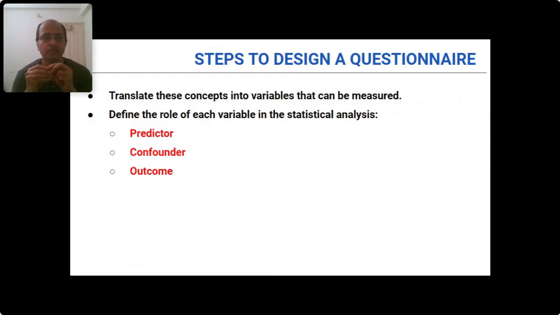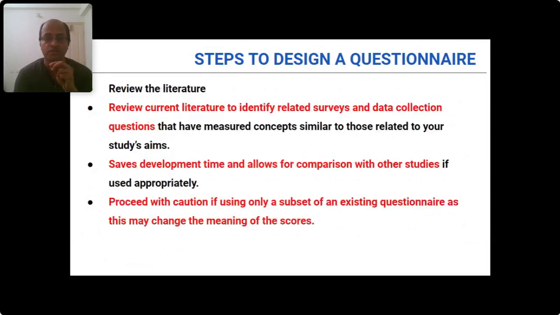That means the variable predicts the outcome. Confounder means the variable tries to correlate with the outcome. It might not exactly predict it. Outcome itself is direct. So the variable could be a predictor, confounder, or it could be directly an outcome in itself. So you should design the variables in such a way that they are measurable and they give a predictable outcome. That's very important. Otherwise, you will be in trouble.